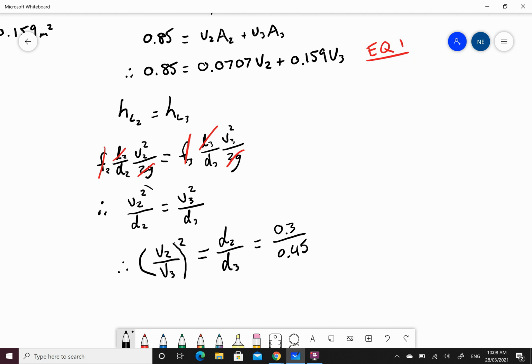Now, if you square it, this equals 0.66, I think.